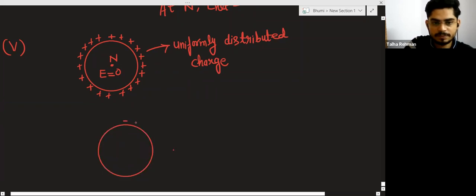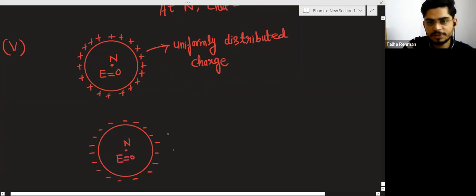So I am taking negative charge. At the center there is a neutral point, and this is uniformly distributed charge.